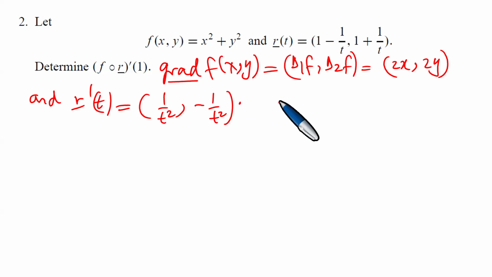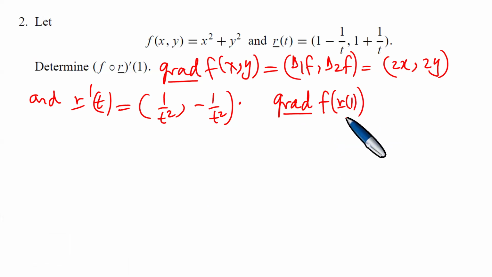Okay, the gradient. We have f composed with r of 1, which is equal to the gradient of f.